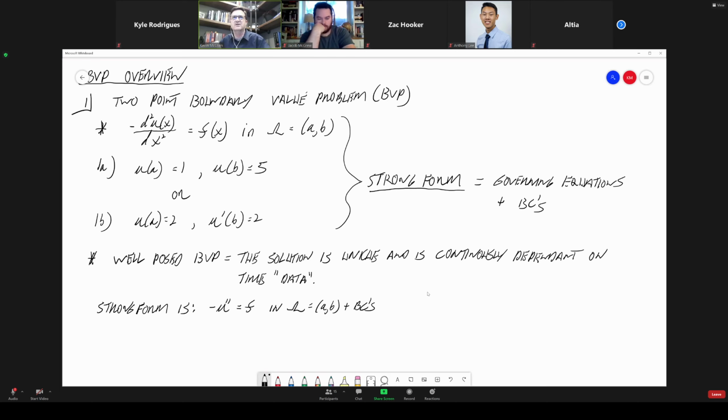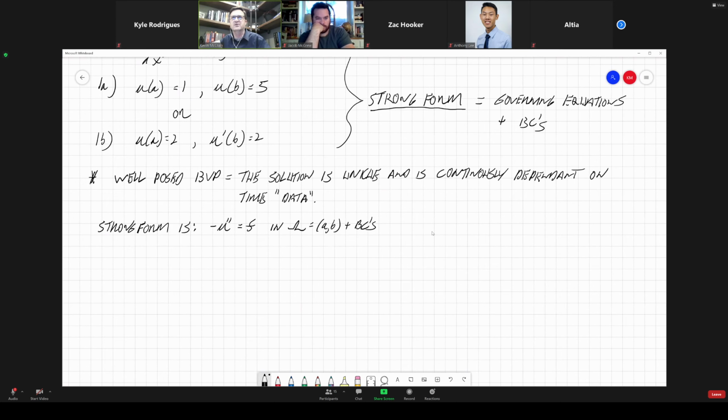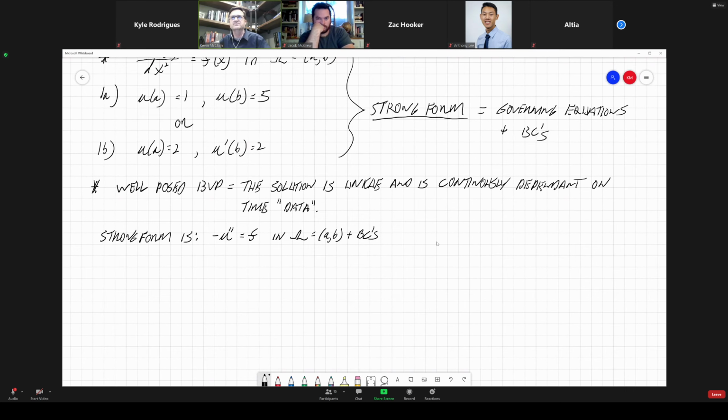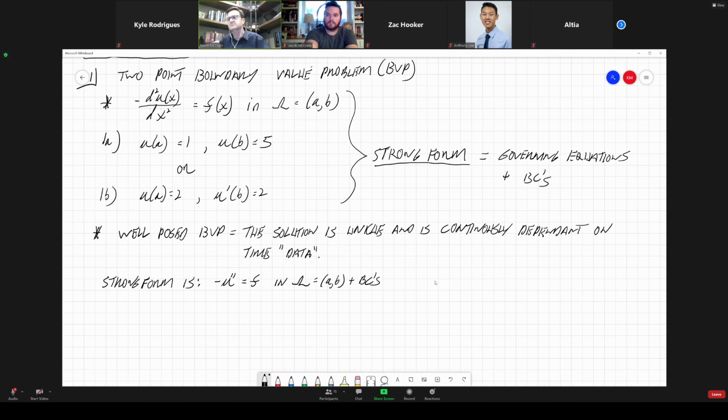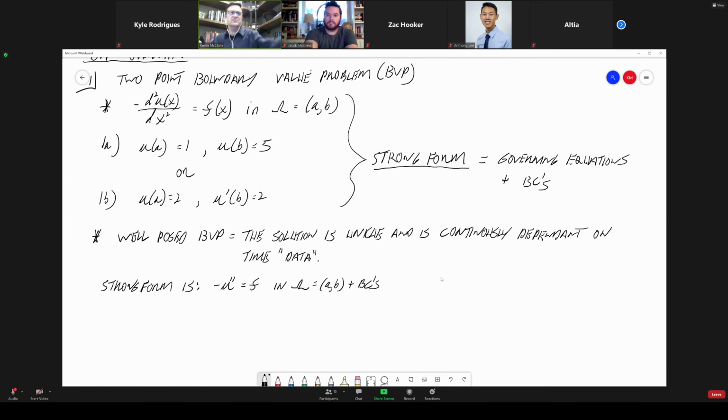Okay, so this is just kind of definitions of what we're doing. So remember, I'll try to give you some context with the strong form, because I had a really hard time grasping this.